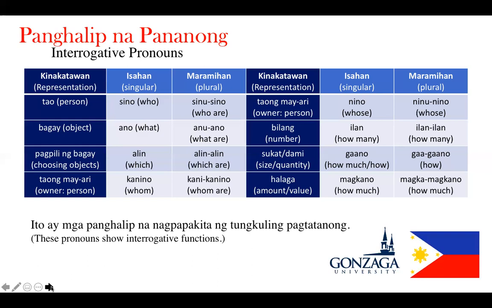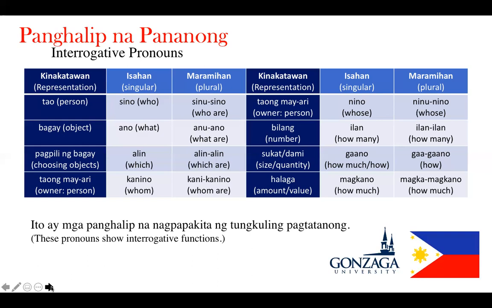If you're referring to tao or person, and you're asking a question, of course, you ask sino. That's why a while ago, I asked Michelle, sino ang nasa kaliwa mo? I'm asking about a person. If it's plural, sino-sino ang nasa kaliwa mo, Michelle?